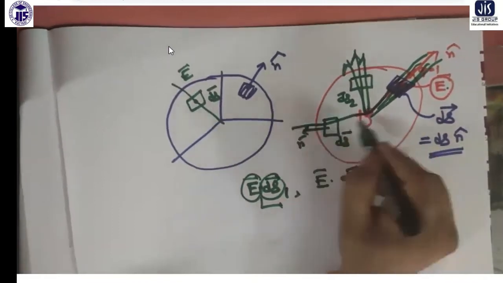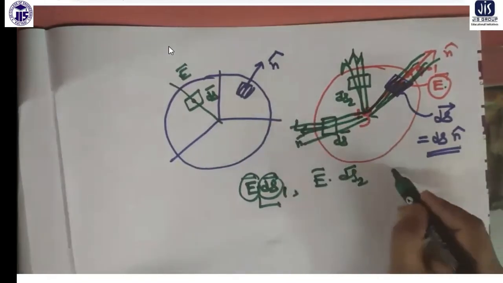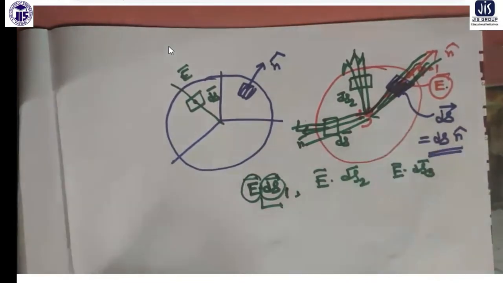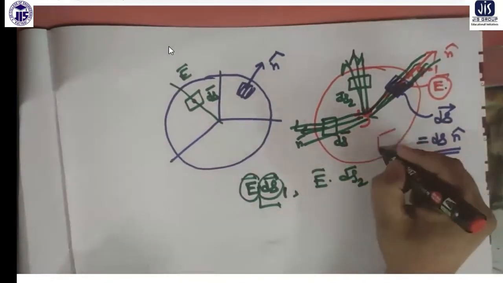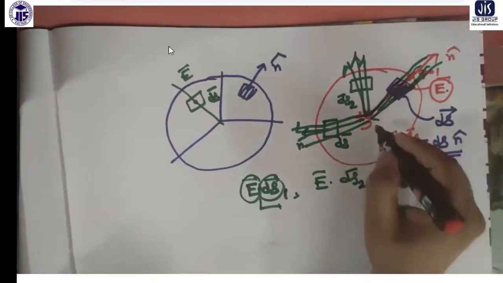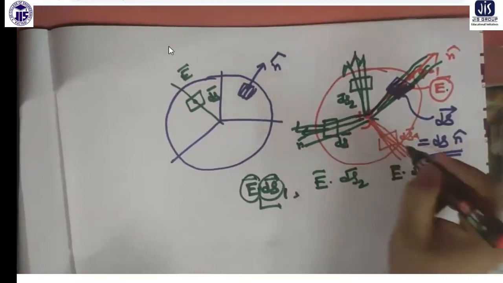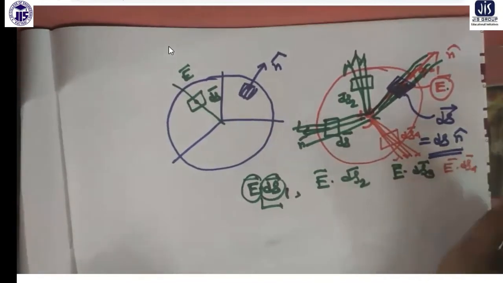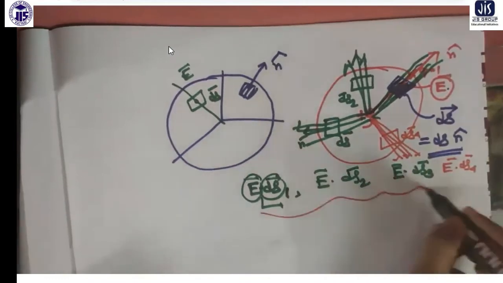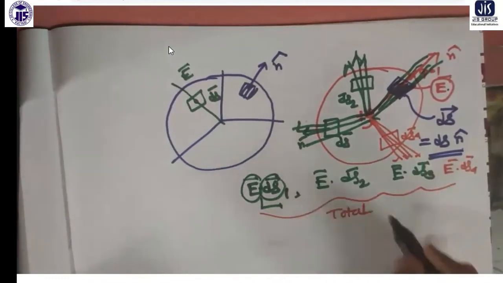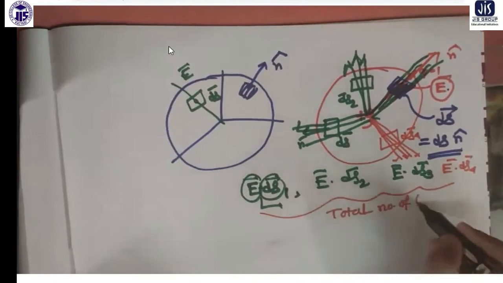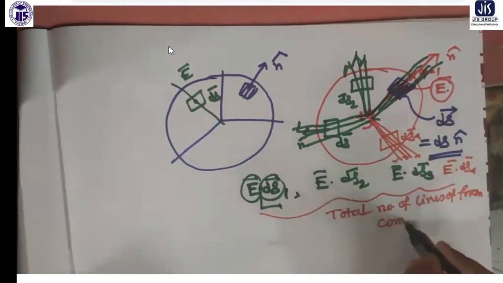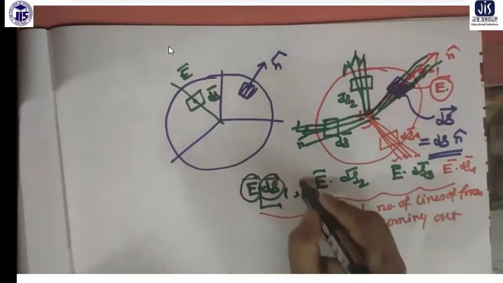The total line of force that is coming out is E dot ds3, then ds4, E dot ds4. So basically the total lines of force coming out is the summation of all these E dot ds.